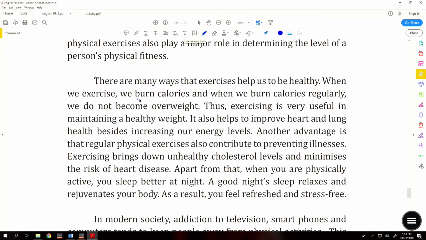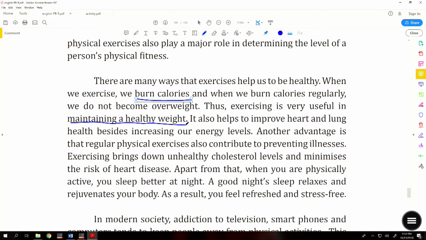Then, thus, exercising is very useful in maintaining a healthy weight, to maintain a healthy weight.